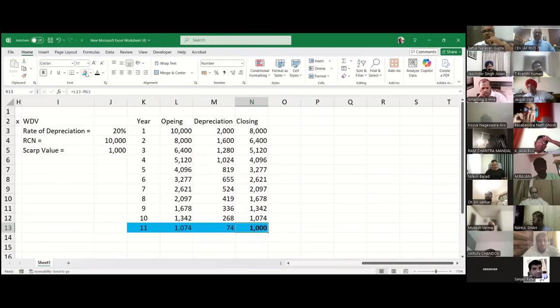Your asset will not be depreciated below the scrap value. Any doubt? Any question?